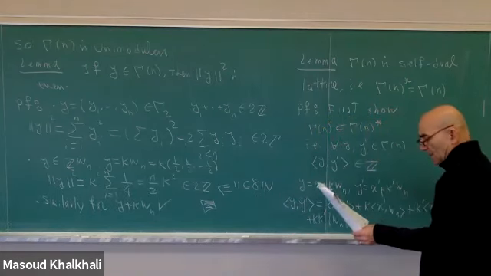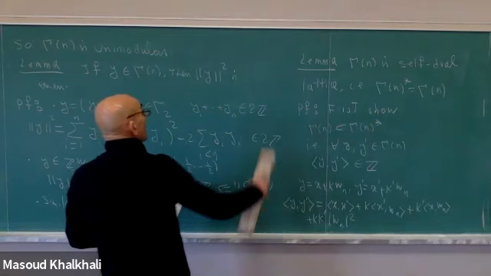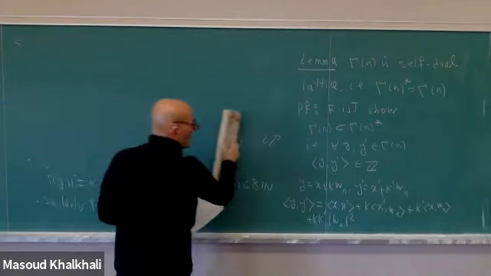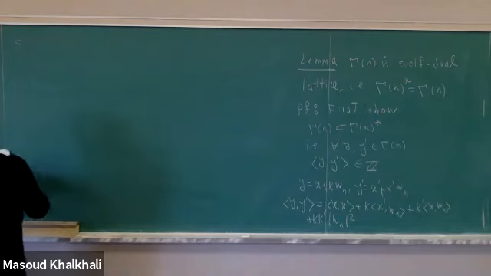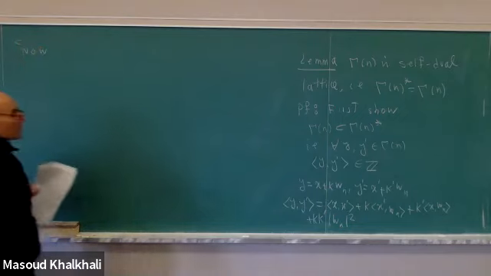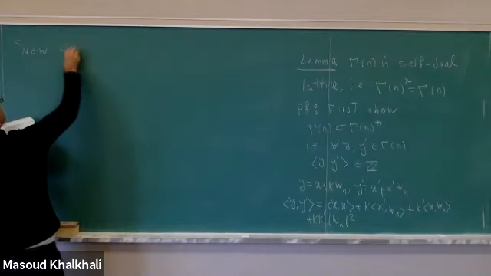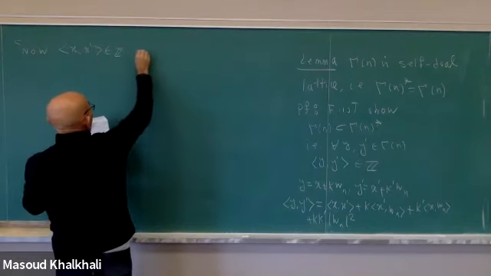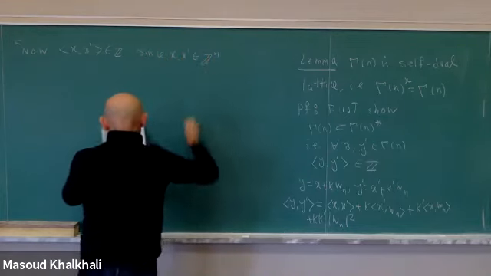Now, since this inner product of x and x prime belongs to Z, okay, so let's start with the pieces. This piece, x x prime, belongs to Z since x and x prime are already in Zn, so that's fine.